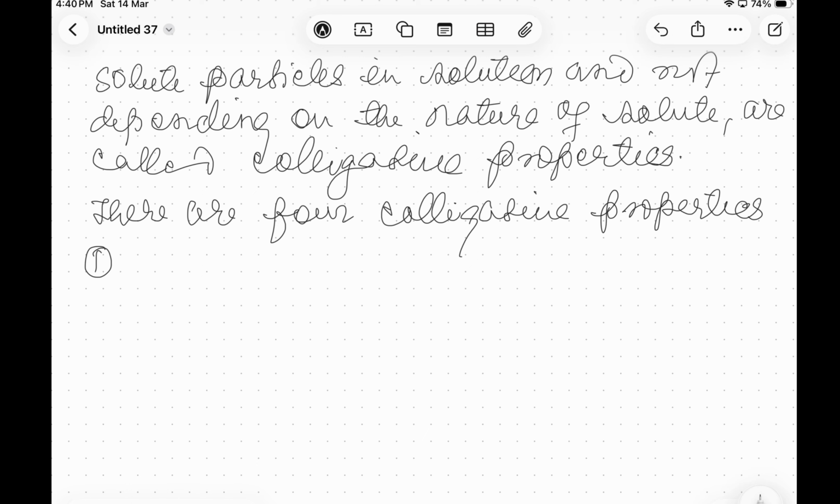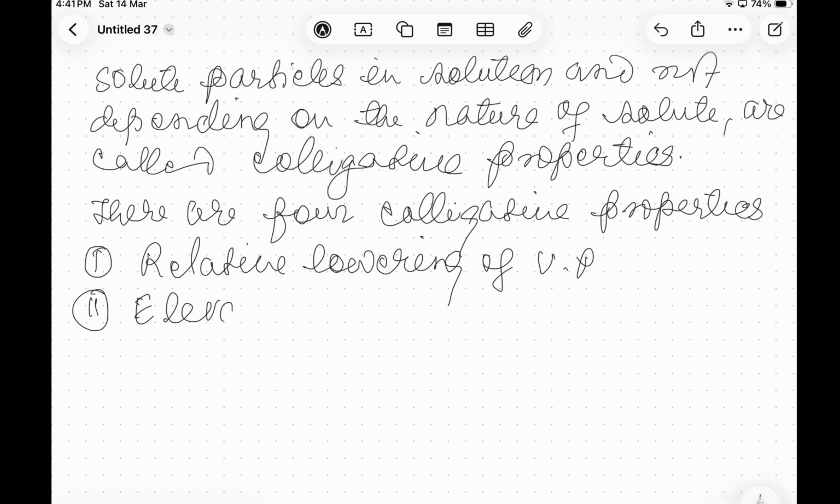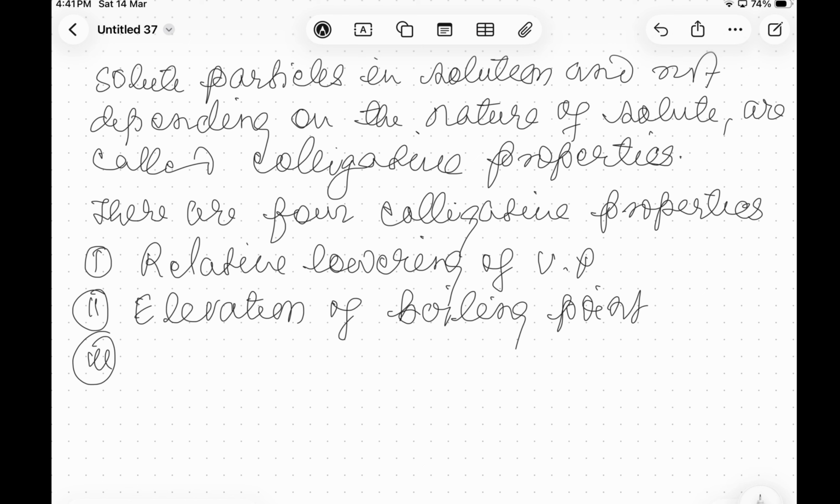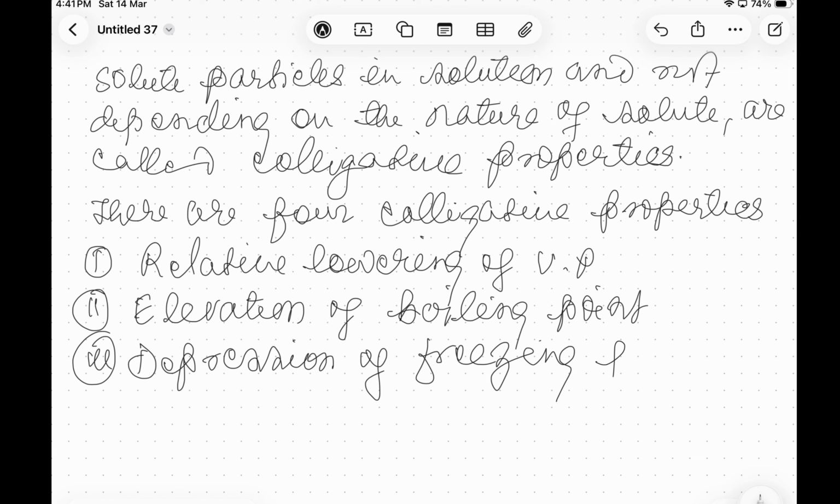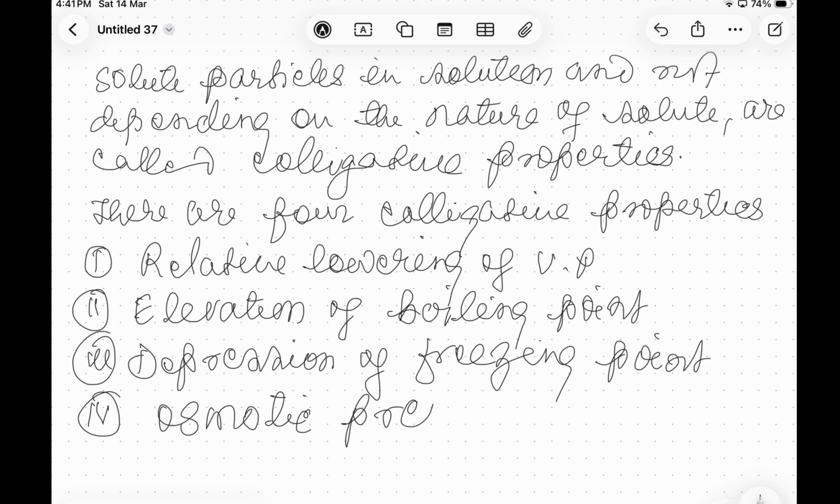These are: number 1, relative lowering of vapor pressure, elevation of boiling point, depression of freezing point, and at last osmotic pressure. These 4 are colligative properties.